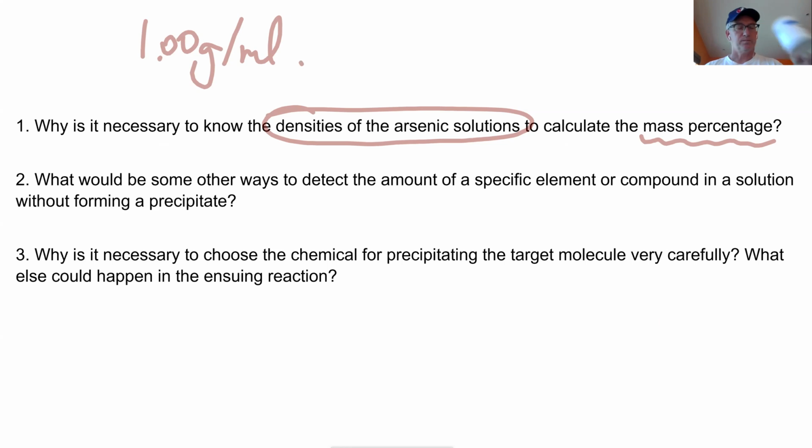And in volumes. Let someone answer, Raymond. We know you know. Why do we need to know the density of the arsenic solution? What are we trying to calculate here? When you calculate a mass percentage, what does that mean?